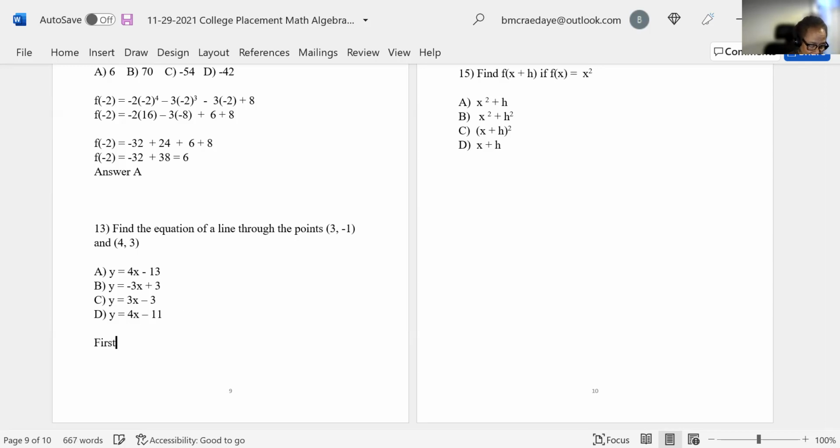First, we find the slope. So how do you find slope?